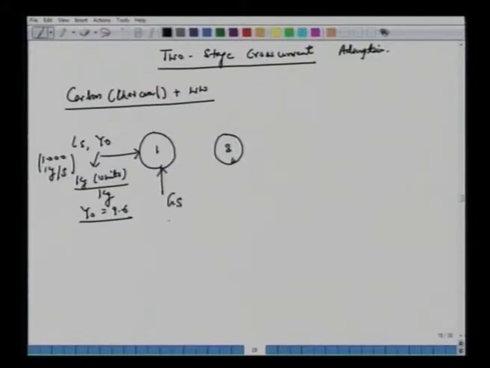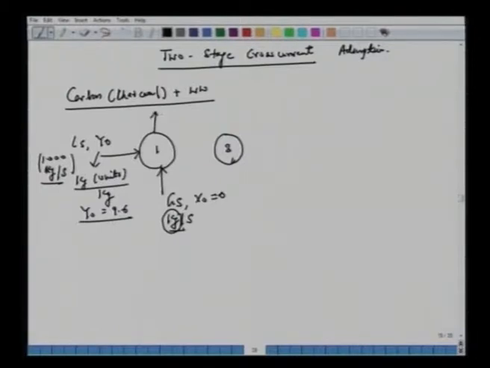Now we bring it in contact with solid. So we have GS charcoal. Let's say it's a fresh charcoal, so zero concentration, and here also we can have kg per second. If we talk in terms of kg of wastewater, then here also we can have just kg of solid charcoal.